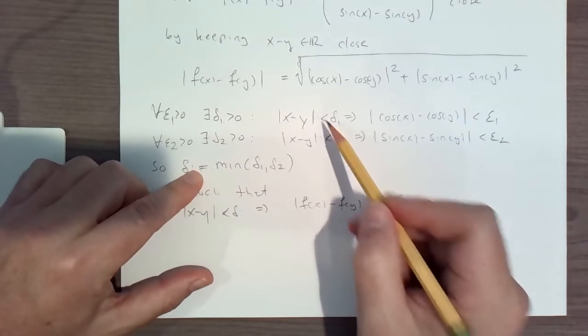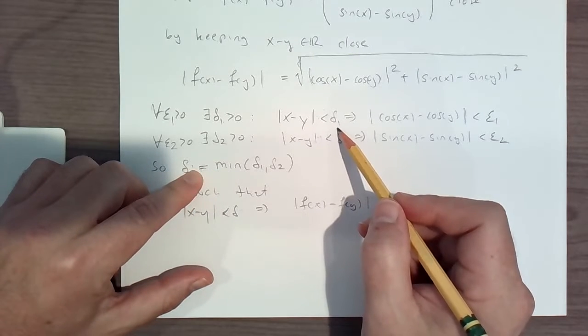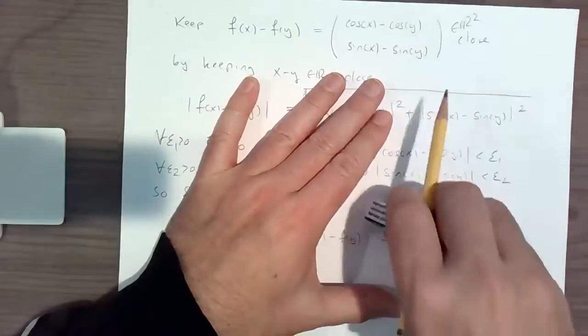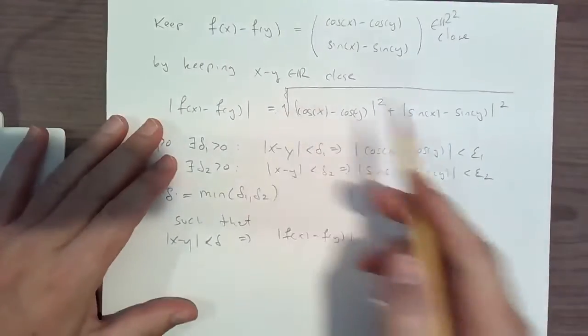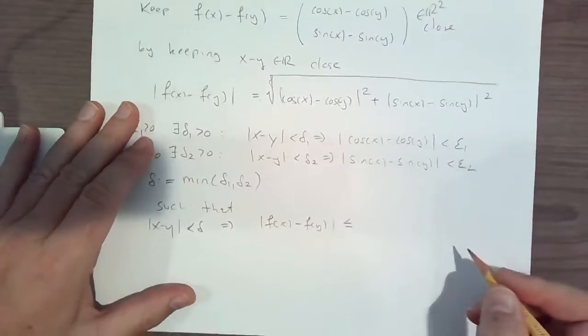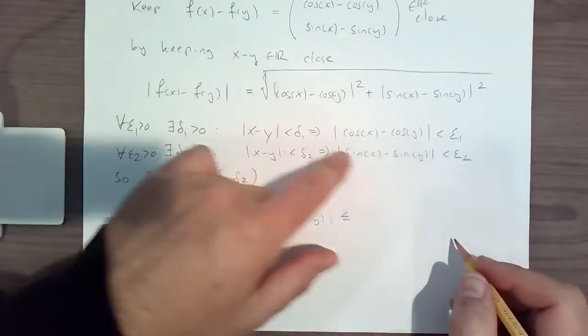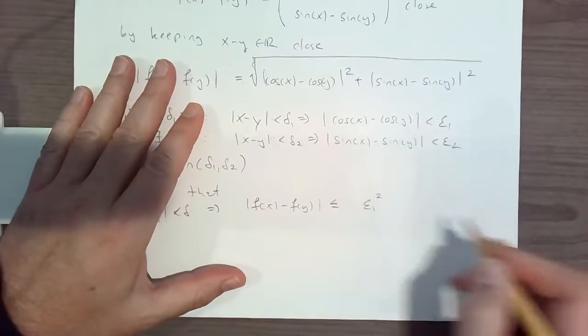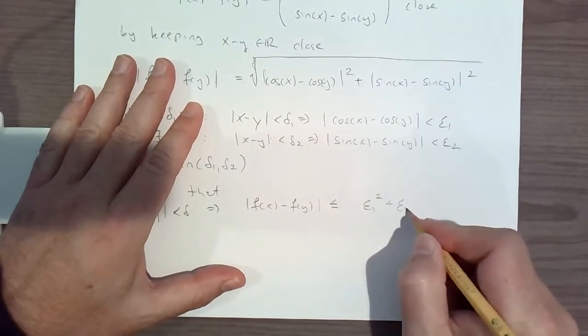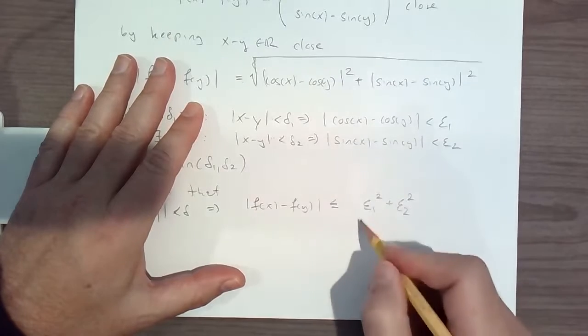But if I take the min, both of them will be satisfied. Okay, so then what do we get here? I use the formula. So this is going to be bounded by the square root of epsilon 1 squared plus epsilon 2 squared.